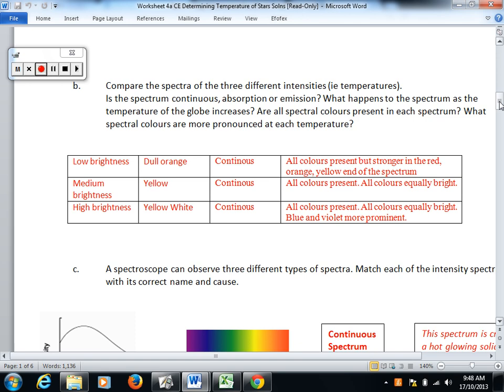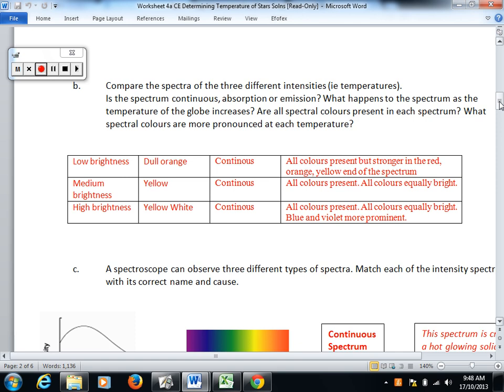And then what are the types of spectrums and so on that are present? Low brightness, once again it's a dull orange, all the colours are present, but if you really looked at a very long time, you should have noticed that the red colours were much richer, much more present. Is that making sense? When you went to medium brightness, and it was a bit of a yellow, you wouldn't have noticed it.